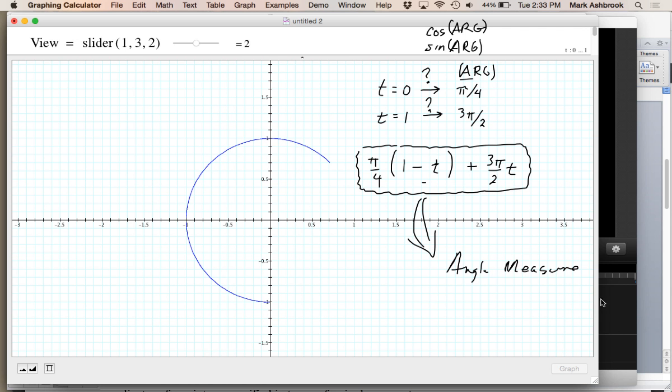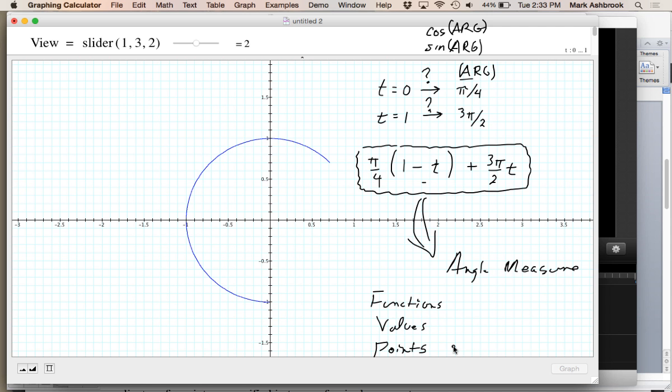Remember that here we're using it for angle measure, okay? We used it for functions, morphing one function into another. We used it just for values. We saw it for points.